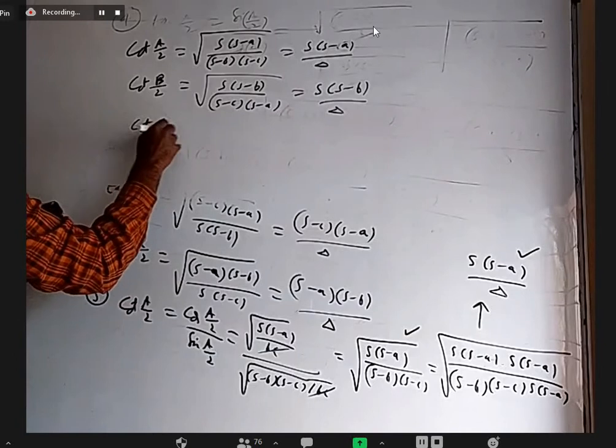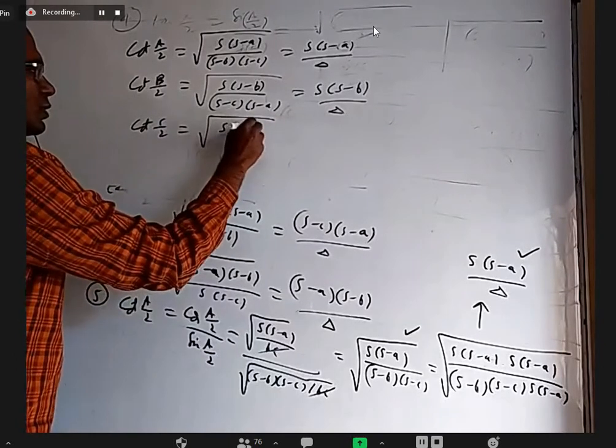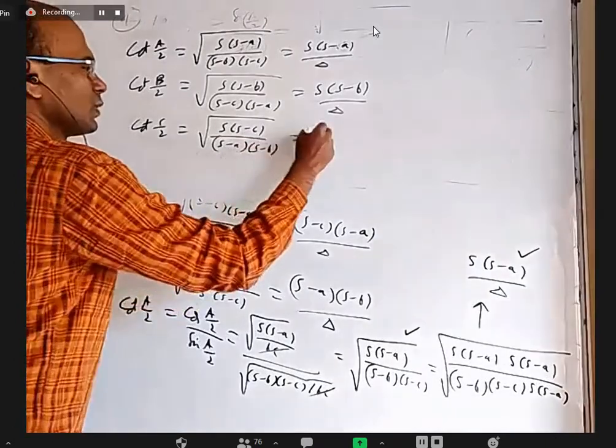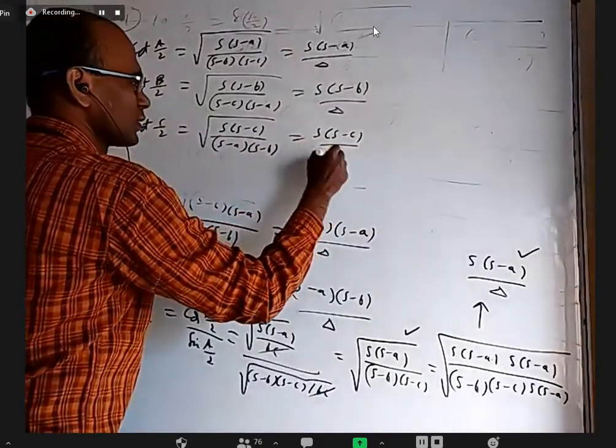Okay, cot C by 2 is root over s(s minus c) by (s minus a)(s minus b), which is s(s minus c) by delta.